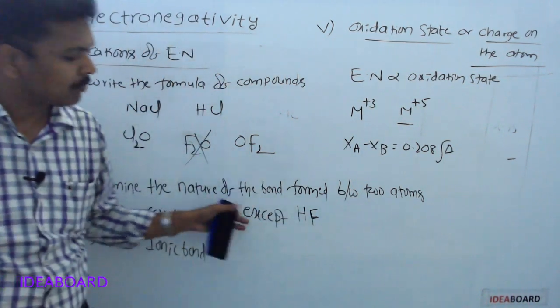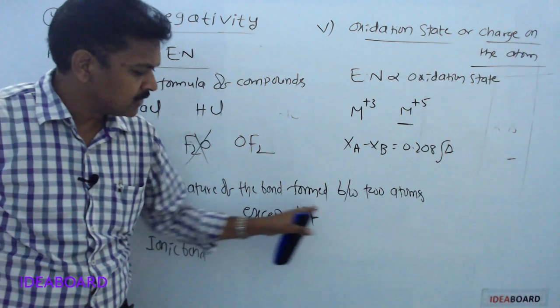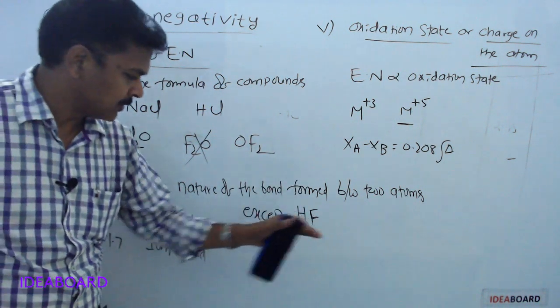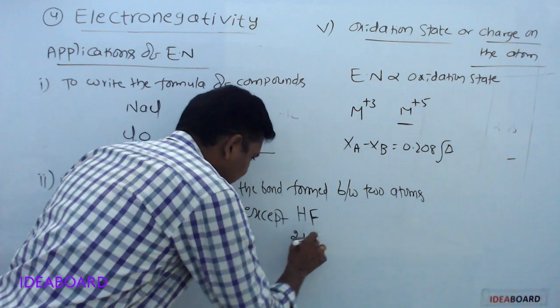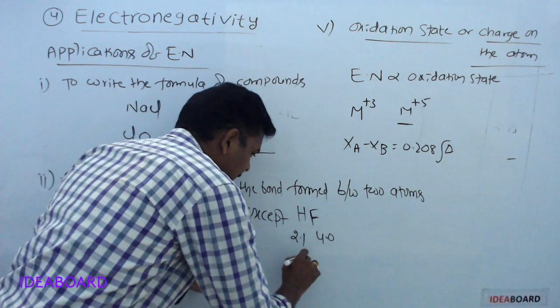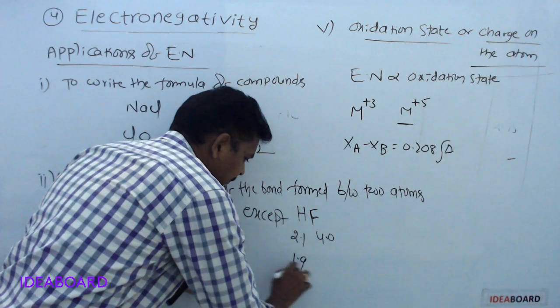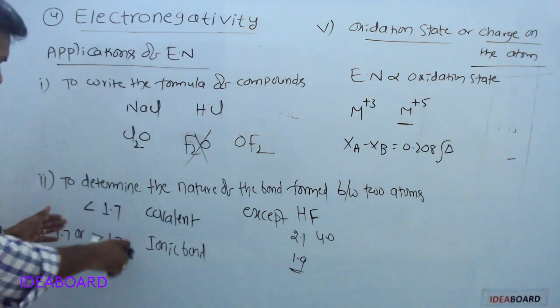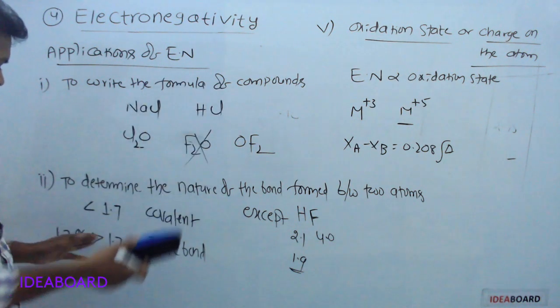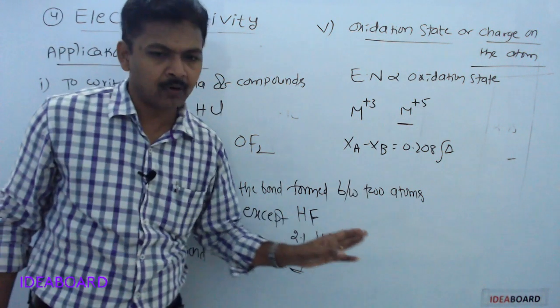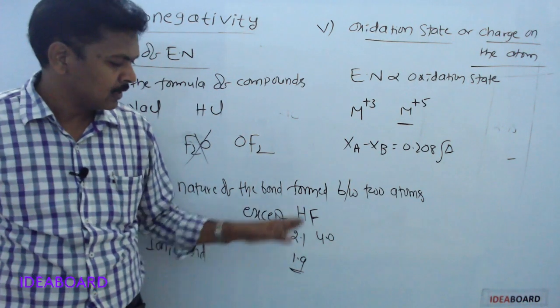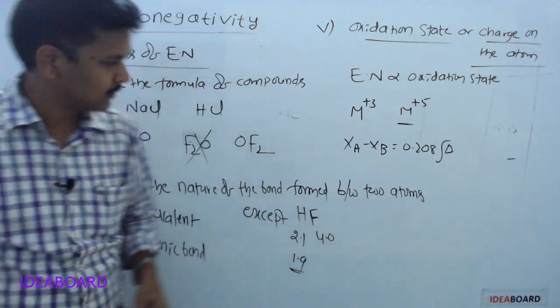In HF the difference is more than 1.7, but a covalent bond is present, not ionic. For hydrogen 2.1, for fluorine 4, the difference is 1.9. Both are non-metals, so here covalent bond only, not ionic bond.